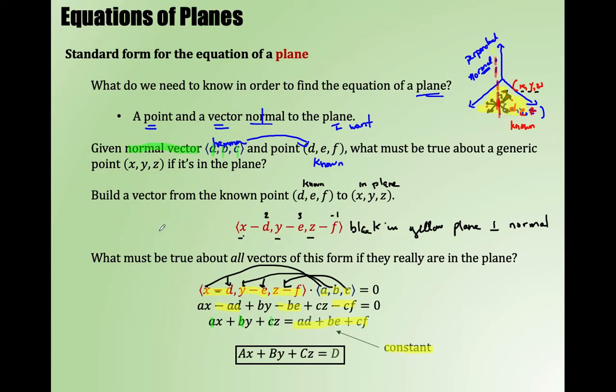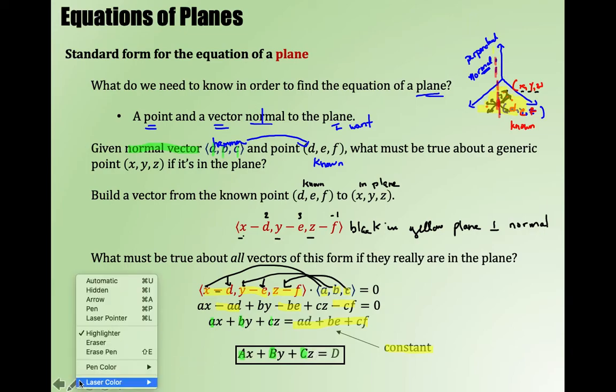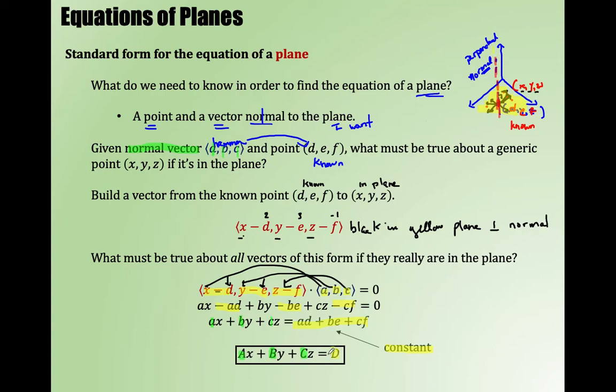So A, B, and C are the x, y, and z components of the normal vector, and D is just a number that came from doing this math, doing the dot product and collecting everything that was a number on the right side.